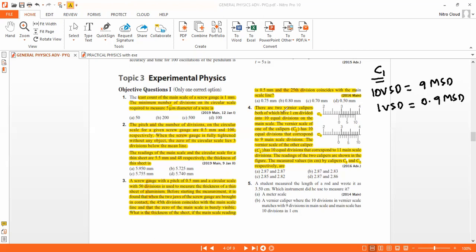And they gave that 1 centimeter is divided into 10 divisions, so 1 main scale division equals 1 by 10 centimeter, which is nothing but 1 mm. So on C1, 1 Vernier scale division will be 0.9 mm.